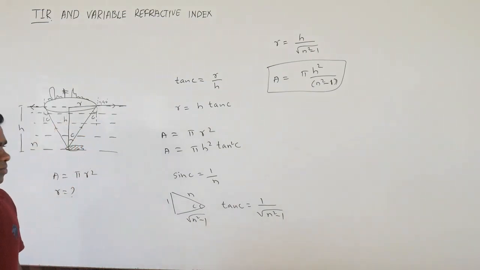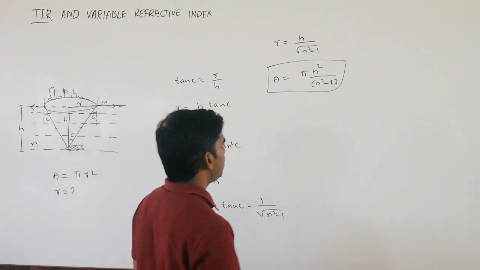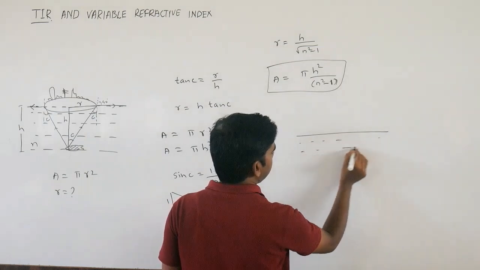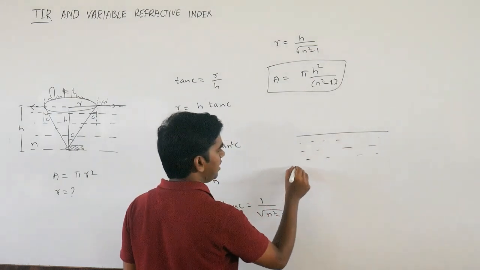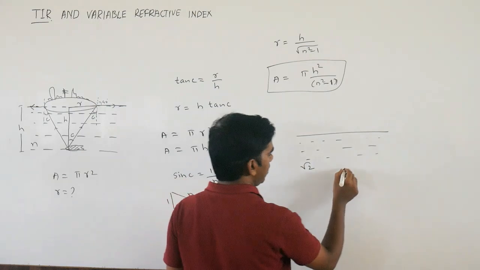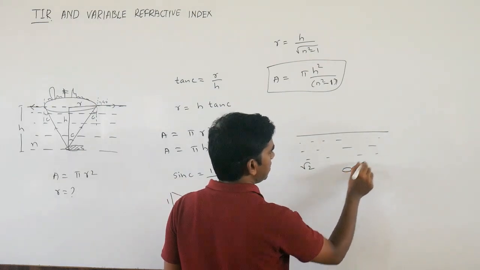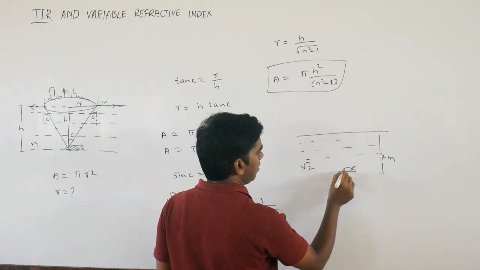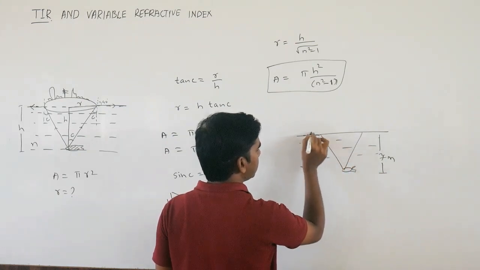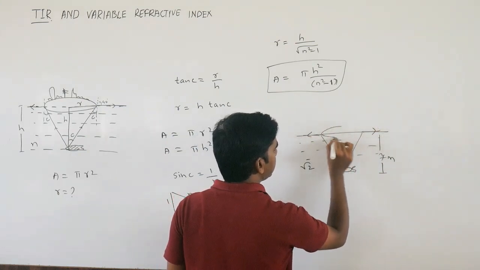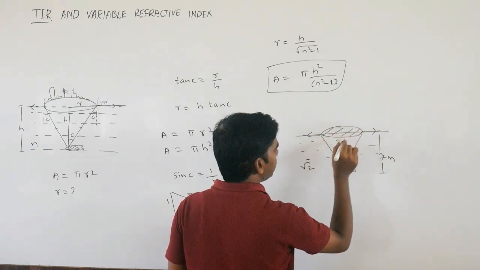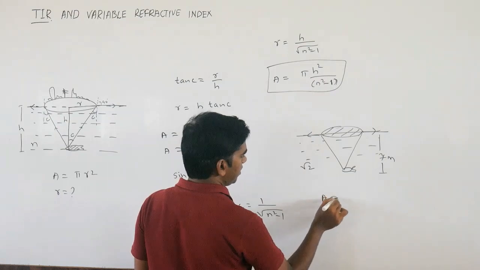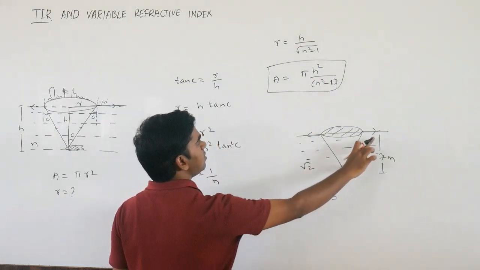For example, suppose you have some liquid of refractive index root 2. If the fish is at a depth of 7 meters from the surface and is seeing the outside world through this circle, how can we find the area of this circle? Directly you can use this formula, because the refractive index is given and h is also given.